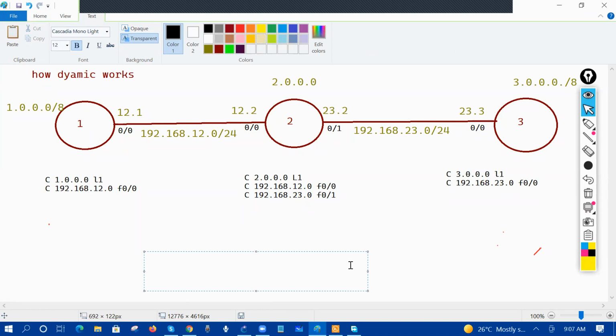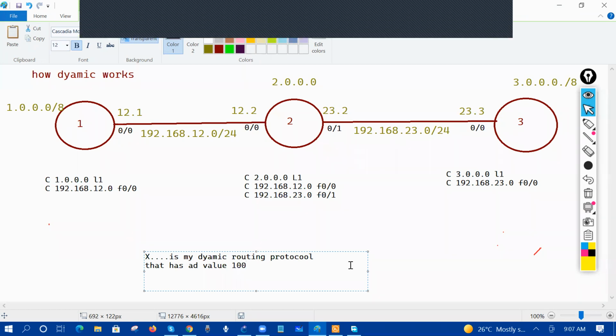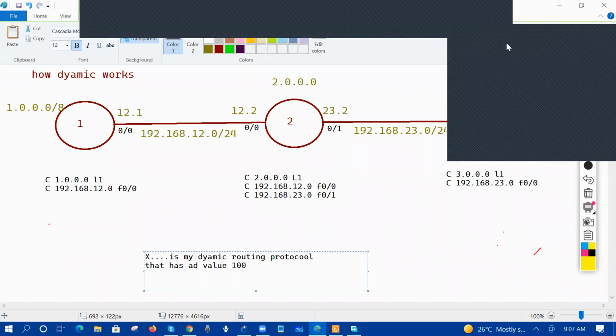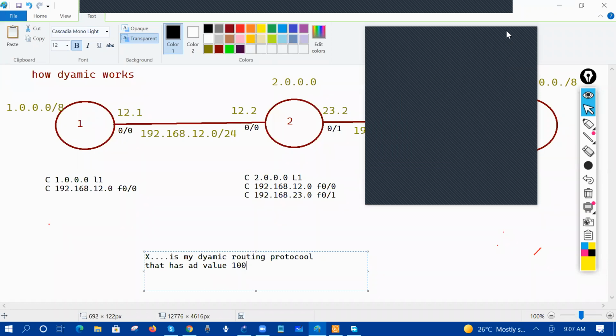My dynamic routing protocol is X, a protocol that has an AD value of 100. I'm just assuming that myself. I'm just explaining how the dynamic is going to work. By default, all routing protocols are disabled in the routing table. You have to manually enable it.